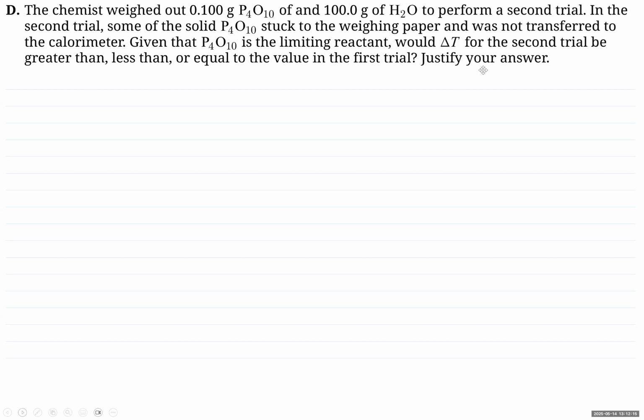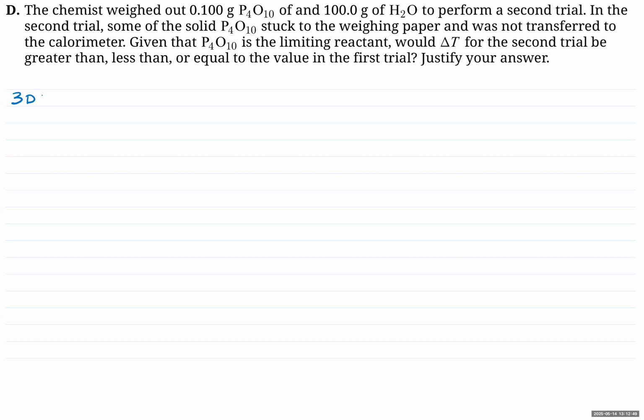Think of it this way: that's the fuel that drives the raising of the temperature, the delta T. So since we have less white phosphorus, less quote unquote fuel, we would expect the water to not go up as much, right? Because imagine you're heating the water by burning white phosphorus. So we know that the delta T is going to be less, right? So we're going to start our answer just like that.